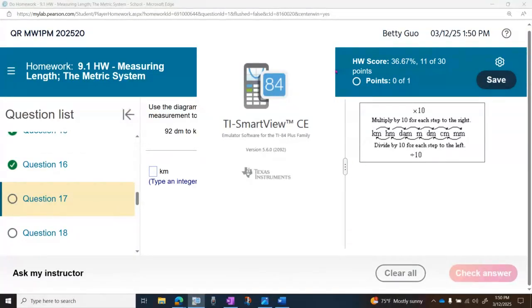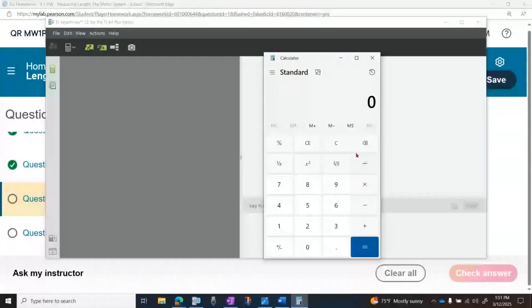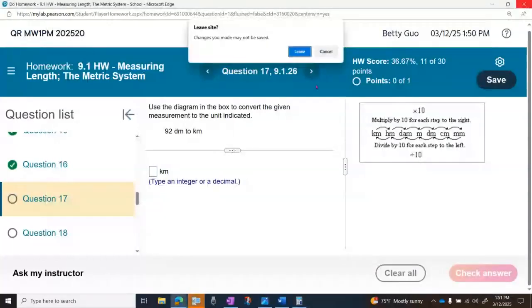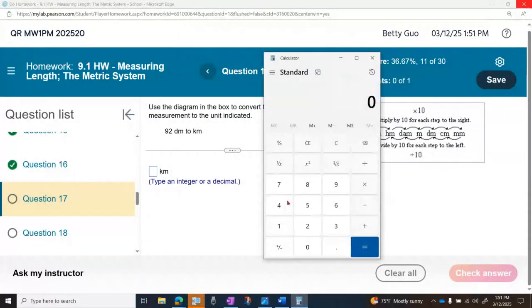You don't have to know what it is. It's actually 10,000, but we don't have to worry about that. Let's take the scientific calculator. 92, from DM to KM, 4 times to the left.